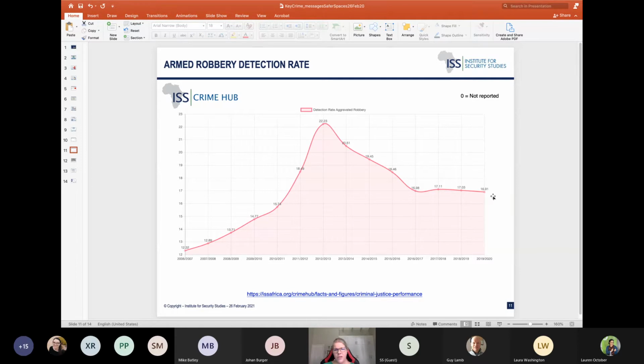We now see that that has dropped to about 17% detected cases. So that is quite concerning.